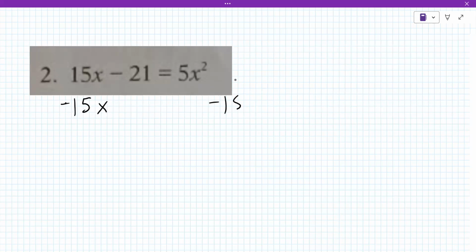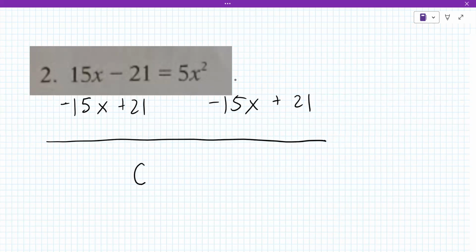Minus 15x, minus 15x. Add 21, add 21. So on the left, it becomes 0. On the right, it's 5x squared minus 15x plus 21.